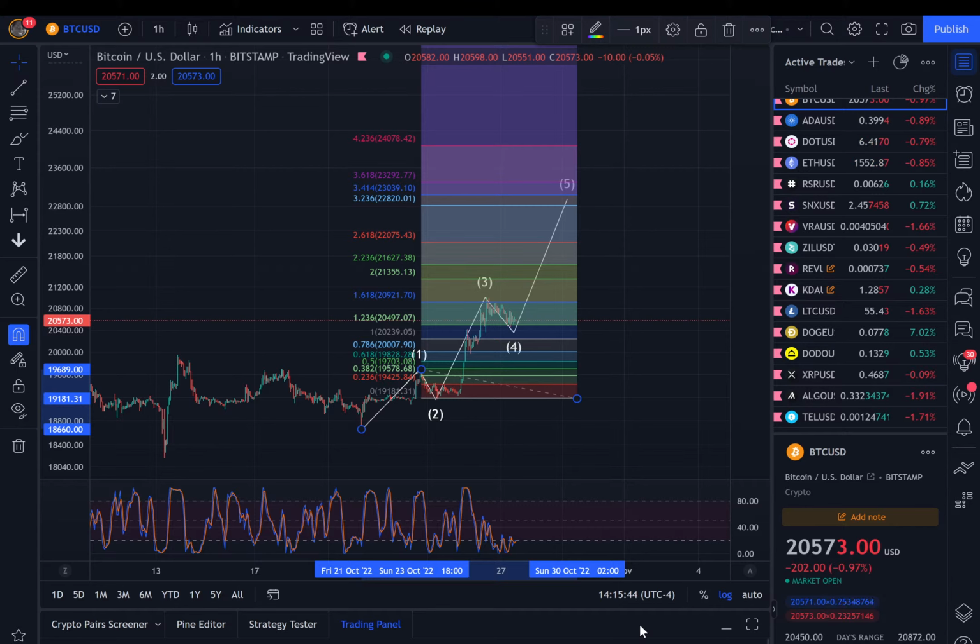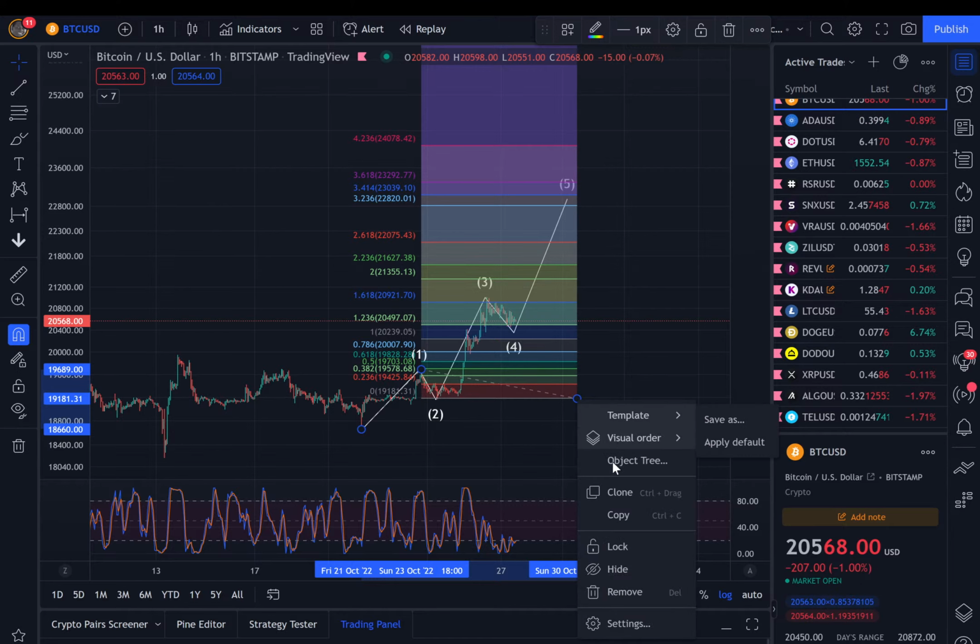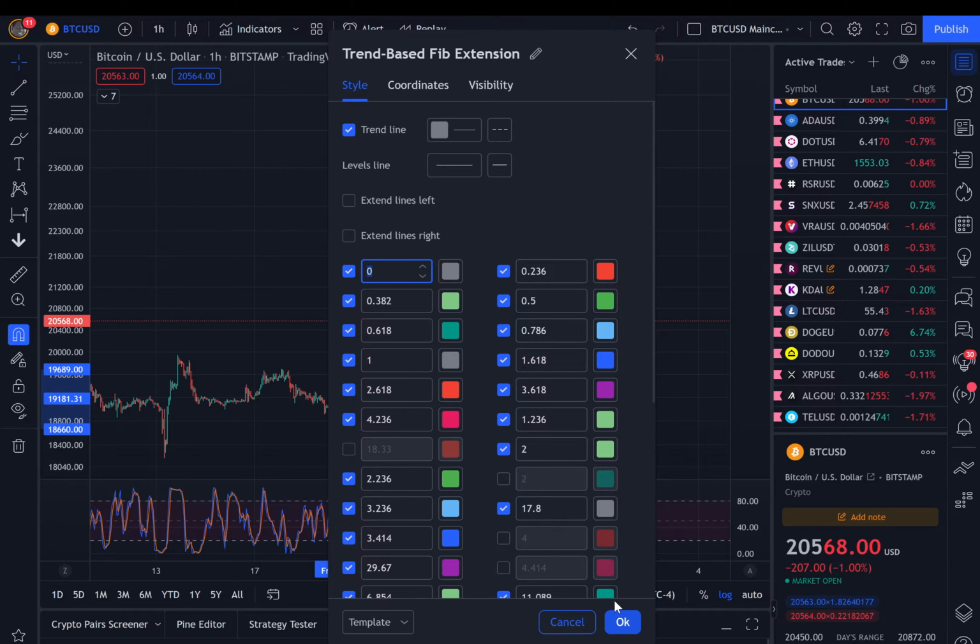What are the Fibonacci levels? Anybody know offhand what the Fibonacci levels are in the 3 range? 3, let's say. Maybe it's that 3.382? Let's try that. Let's try 3.382.